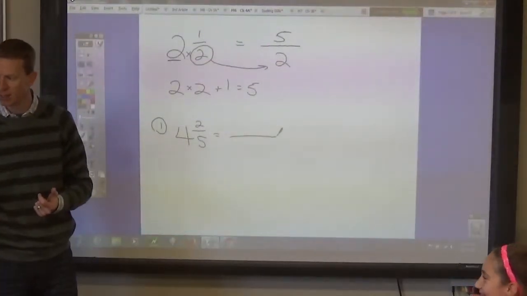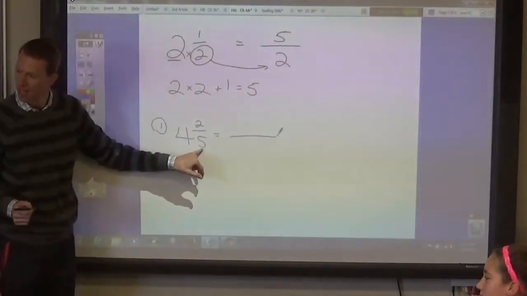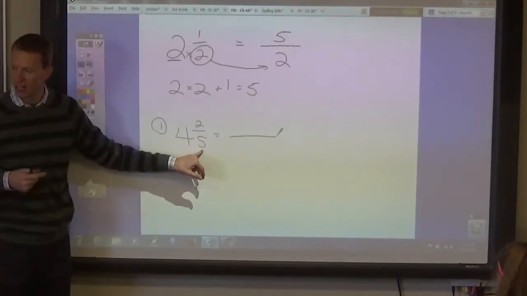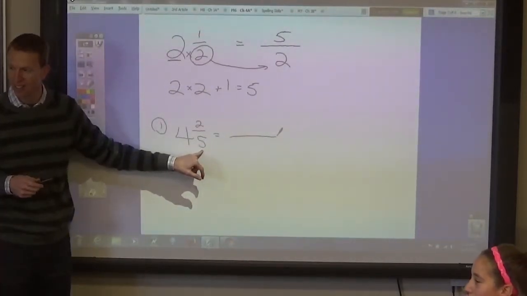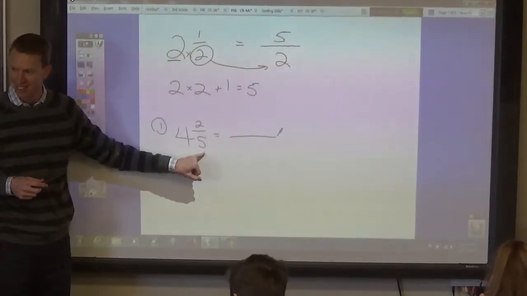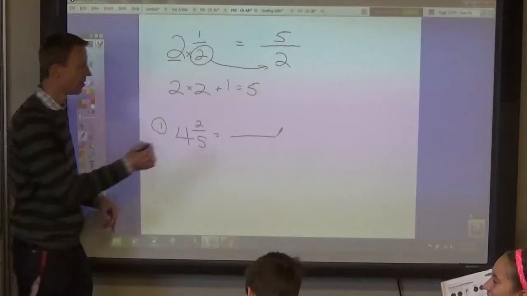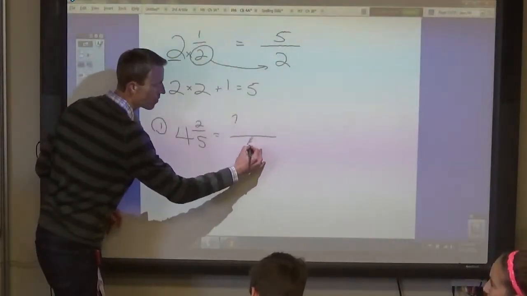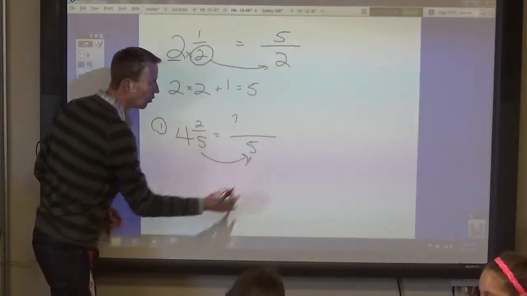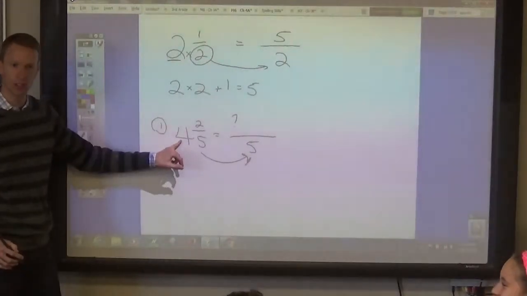How many what? Pieces that are in what denominator? Say fifths. Yeah, how many fifths? How many fifths can you make? We have 2/5, but we also have 4 wholes.